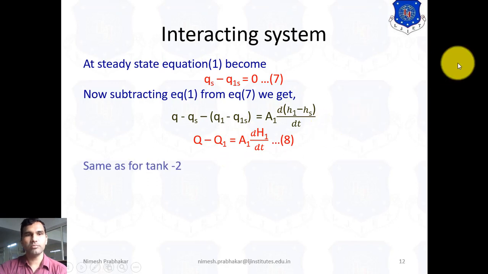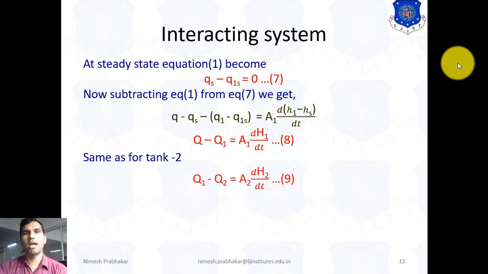Same for tank 2, we can write Q1 minus Q2 is equal to A2 dH2 by dt.